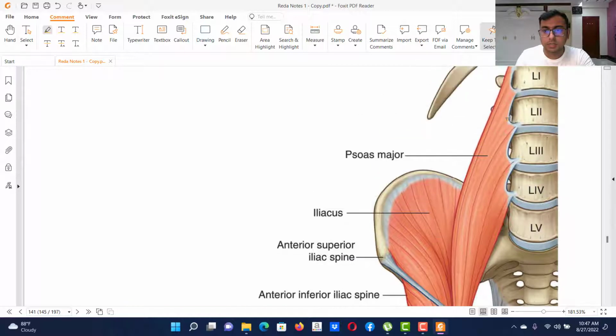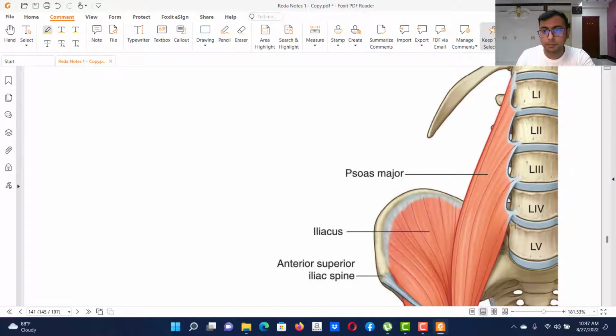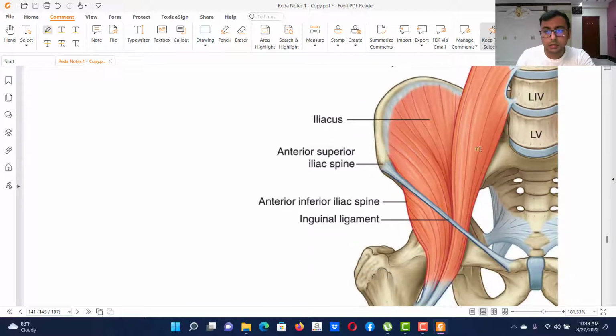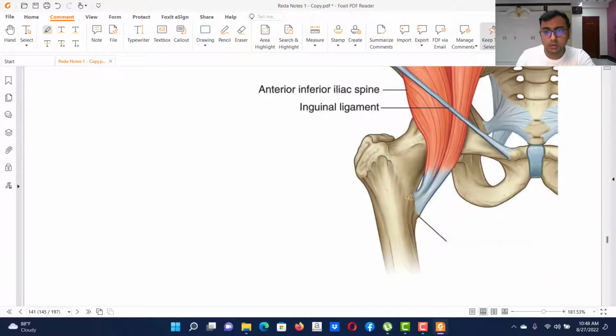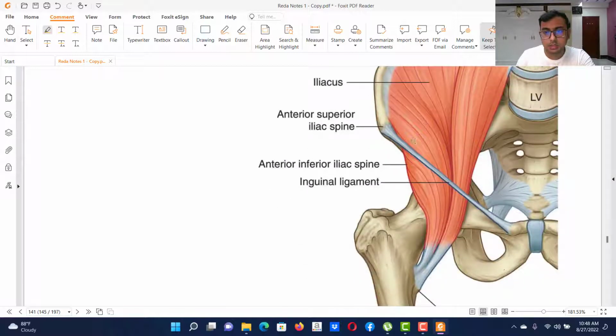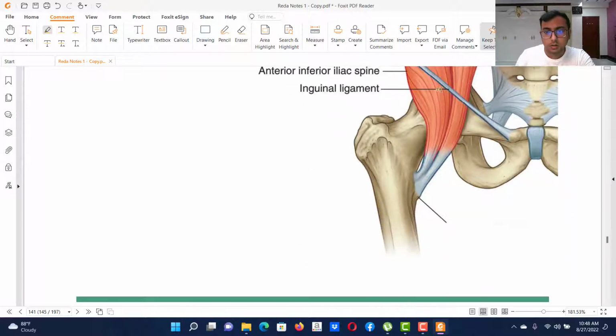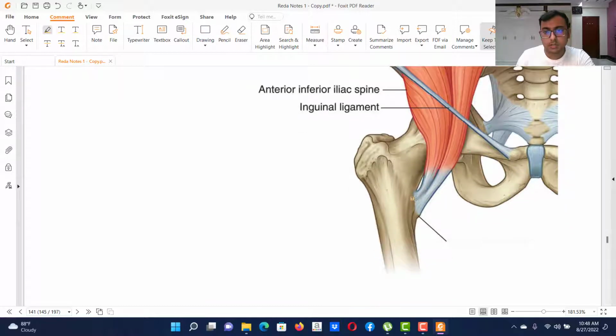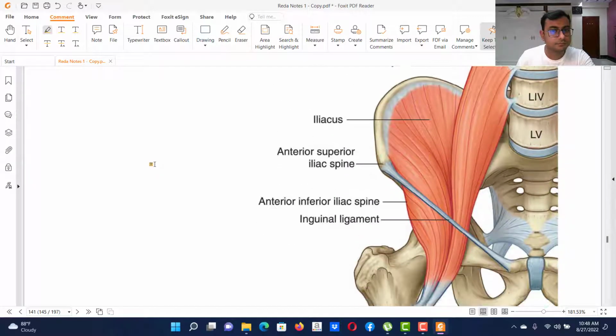So in the picture you see a huge flat muscle derived from the transverse processes of the lumbar vertebrae, and they insert into the lesser trochanter of the femur. So iliacus and psoas, these two muscles go behind the inguinal ligament and insert on the lesser trochanter.